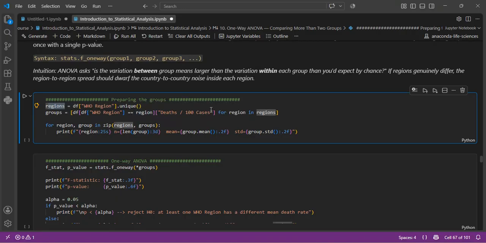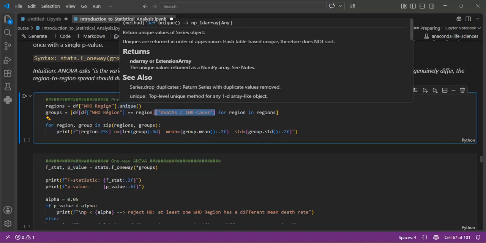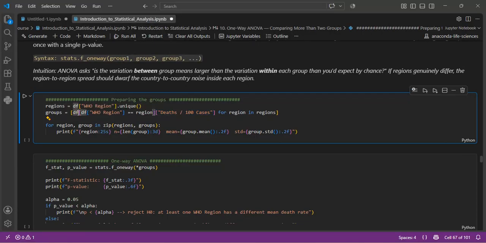For these, we are selecting the death rate for each of the regions. So it's more like saying, for region in regions, df WHO region equals region. When you're done, you subset. So when you do this, it groups them in accordance to their death rates.